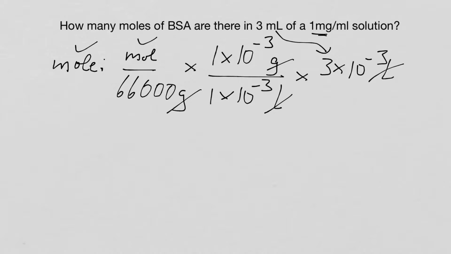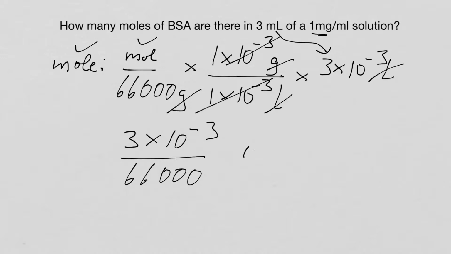So we can cancel that out, and we have 3 times 10 to the minus 3 divided by 66,000 mole. And that gives 4.55 times 10 to the minus 8 mole.